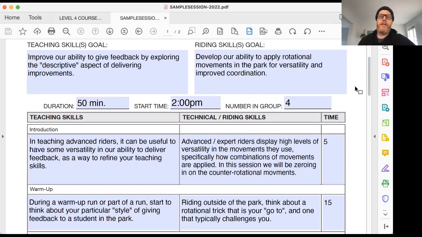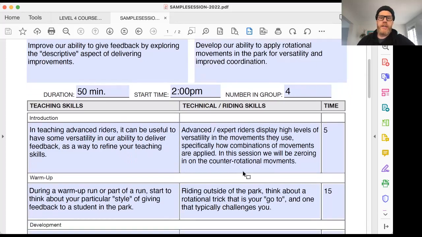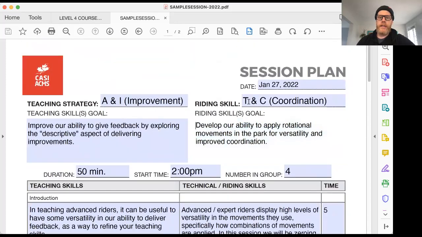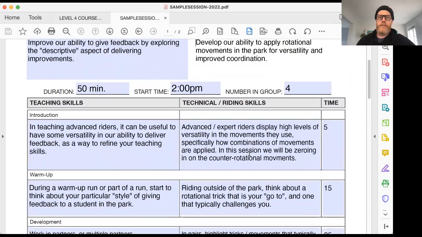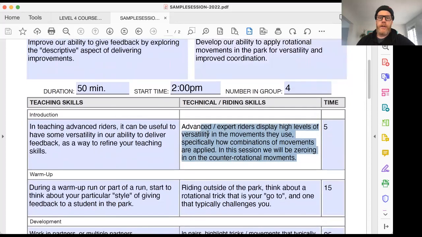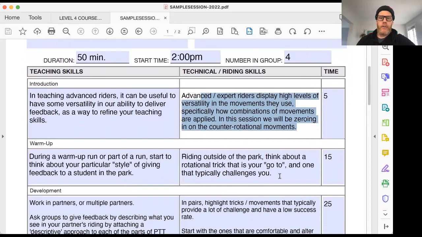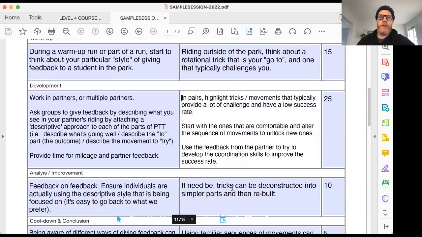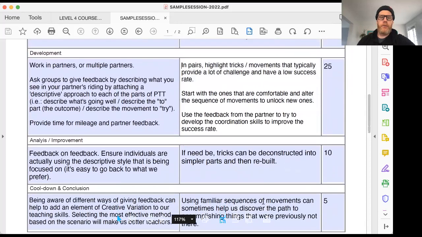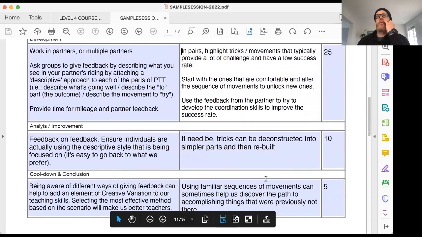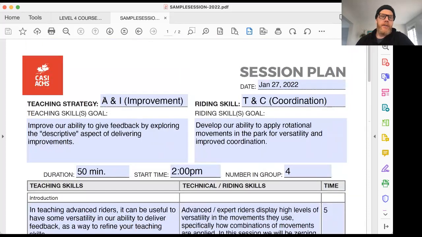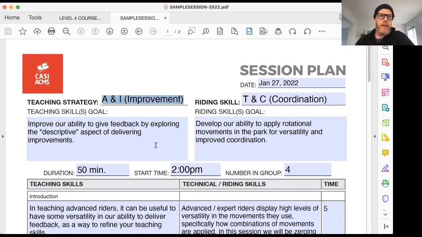So I always find it easier to start by planning the right-hand side of this sheet: plan a really good lesson, identify a clear goal that relates to the skill that you're assigned, identify an introduction, exercise or tactic, a little bit of a warm-up, then some clear development tactics in the middle, and some feedback points and some cool down and wrap up ideas. Once you have a really strong technical lesson in place, it's much easier to go back and layer in the pedagogy talk around the teaching skill that you're assigned, in this case, the A&I.